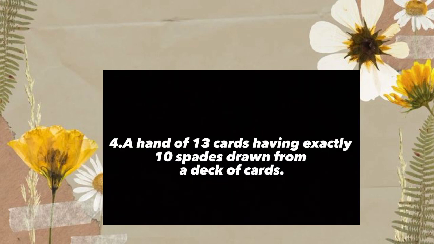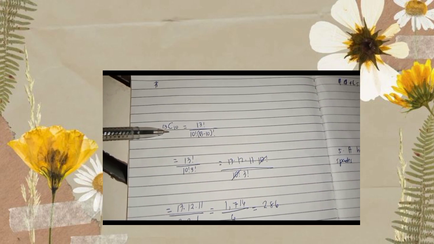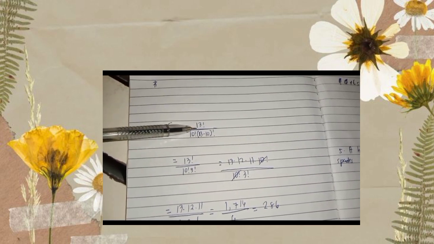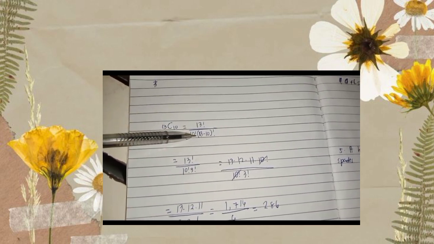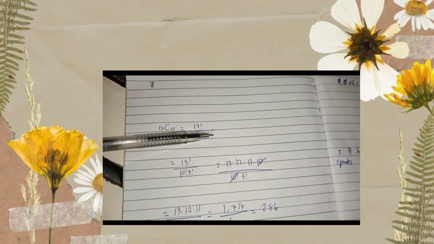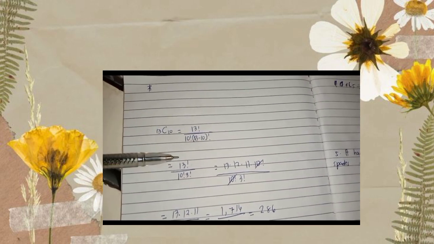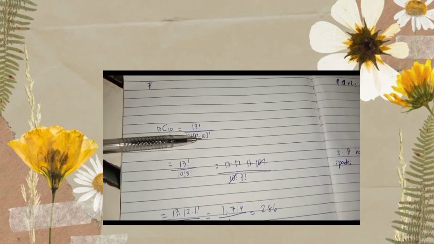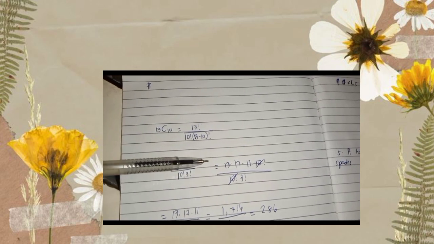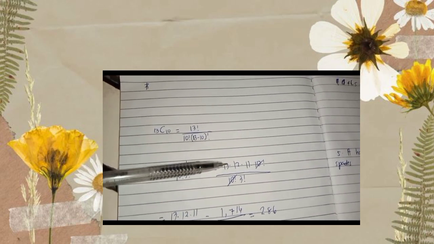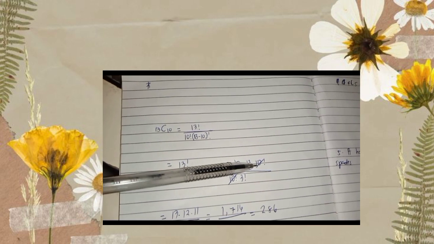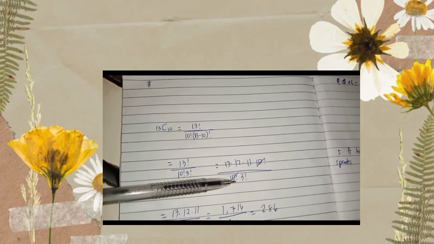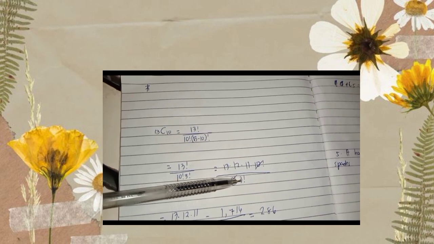A hand of 13 cards having exactly 10 spades drawn from a deck of cards. 13C10 is equal to 13 factorial over 10 factorial and 13 minus 10 factorial, equal to 13 factorial over 10 factorial and 3 factorial, equal to 13 times 12 times 11 times 10 factorial over 10 factorial and 3 factorial.